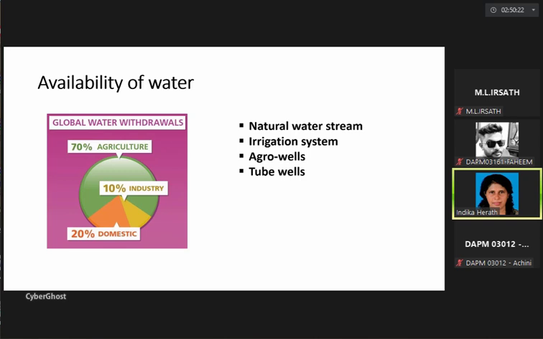And tube wells are generally wells that are prepared for getting water from deeper layers, right? So tube wells are also a source of fresh water.